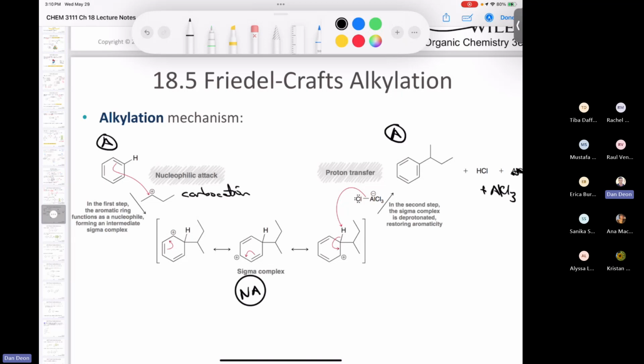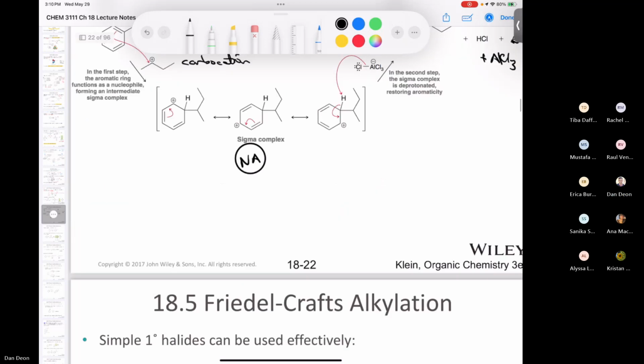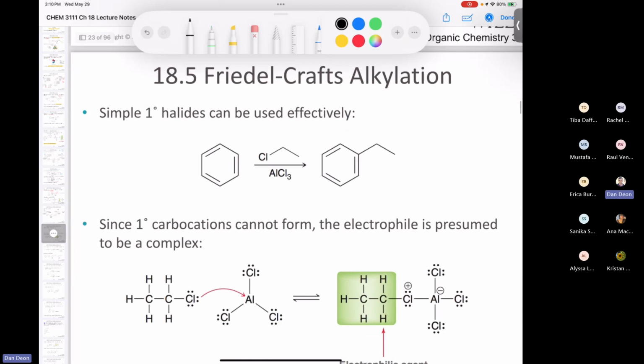Now, there are some limitations to Friedel-Crafts alkylation. With everything that we've covered up till now, I never really gave you any caveats or reasons why it wouldn't work. Friedel-Crafts alkylation is a little more delicate. Let me show you why. You guys know all about carbocations, and you know that tertiary carbocations are more stable than secondary. Primary carbocations aren't even stable at all.